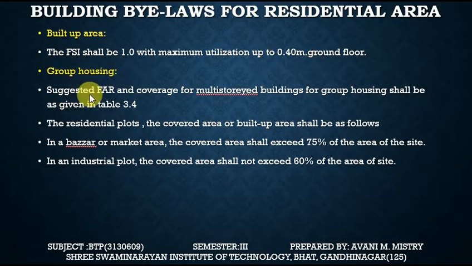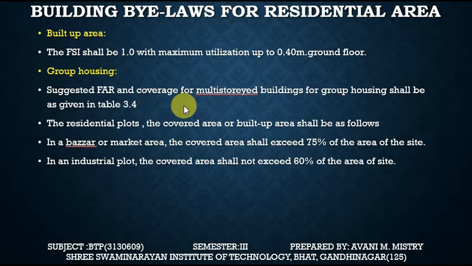Group housing. Suggested FAR and coverage for multi-storied building for group housing shall be as given in table 3.4. In the residential plots, the covered area and built-up area shall be as follows.